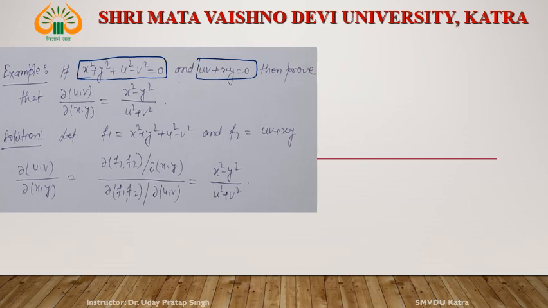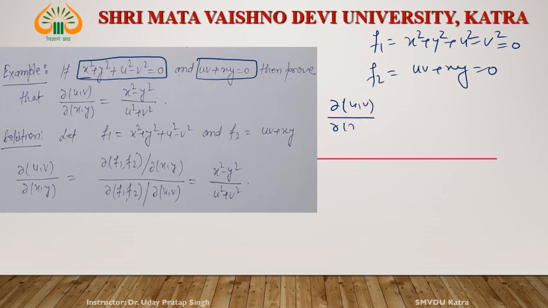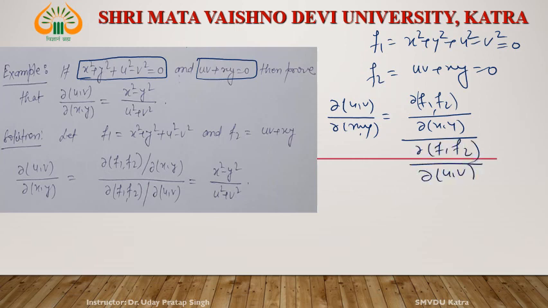Now see, f1 = x² + y² + u² − v² = 0 and f2 = uv + xy = 0. Then what is ∂(u,v)/∂(x,y)? This is ∂(f1,f2)/∂(x,y) divided by ∂(f1,f2)/∂(u,v). Evaluate these terms and divide.